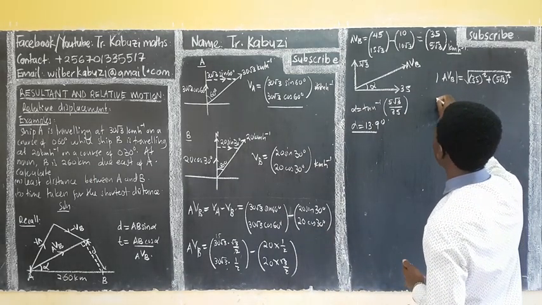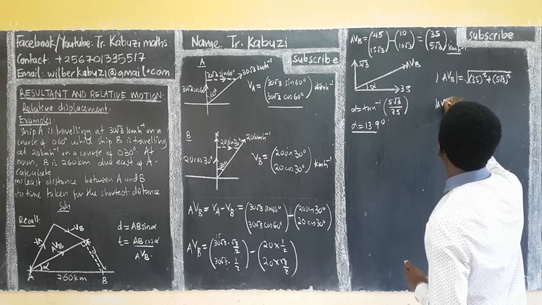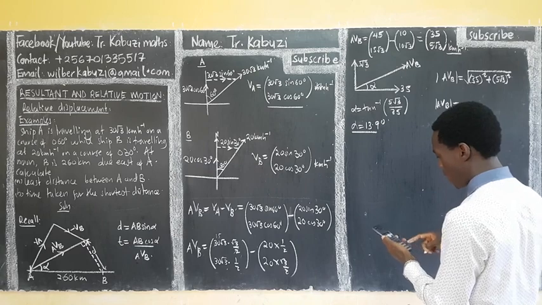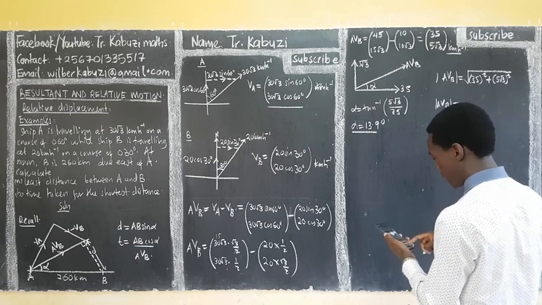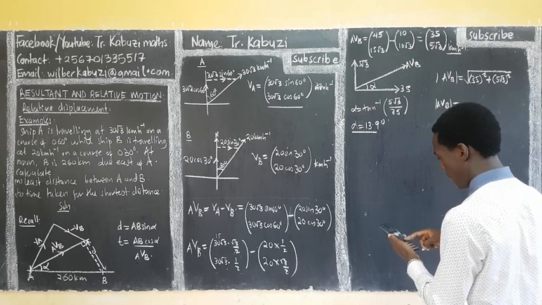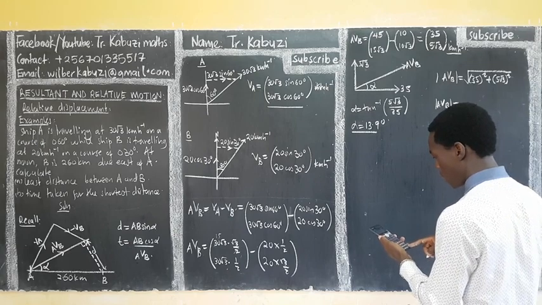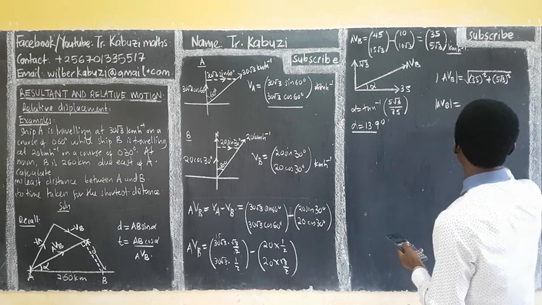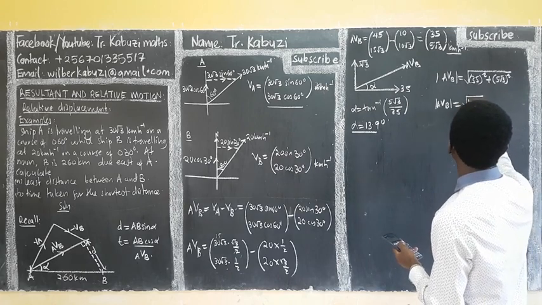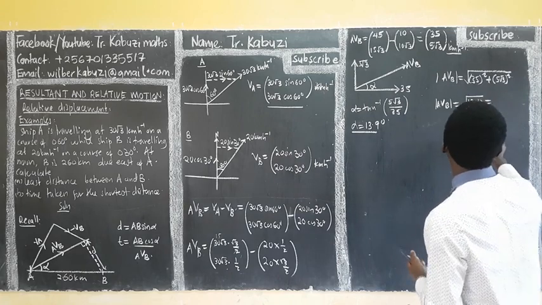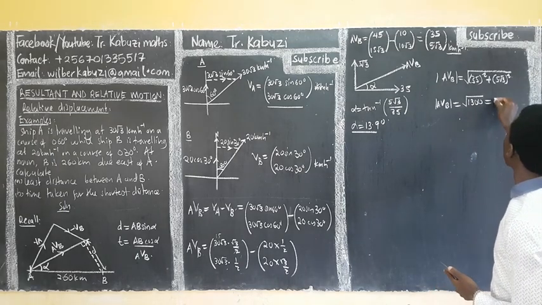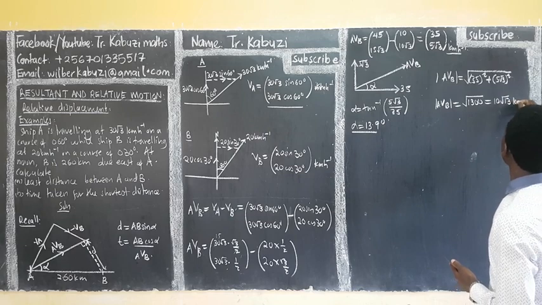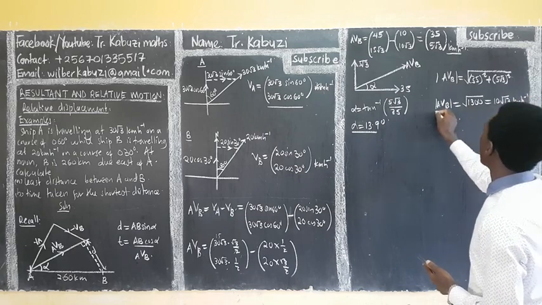Here we shall get our AB magnitude as the root of 35 squared plus 5 root 3 squared, which we can give as 10 root 13 kilometers per hour. So we have our AB.